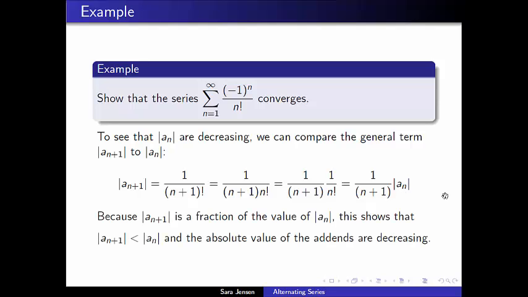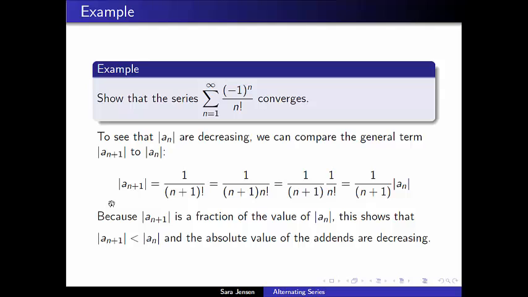So what this is showing us is that our n plus first term is a fraction, 1 over n plus 1, of our previous term, and that's going to show that our terms are decreasing. Another thing that was fairly apparent and obvious to us because we listed out the first couple terms of the series. So this is one way to formally show that your terms are decreasing.